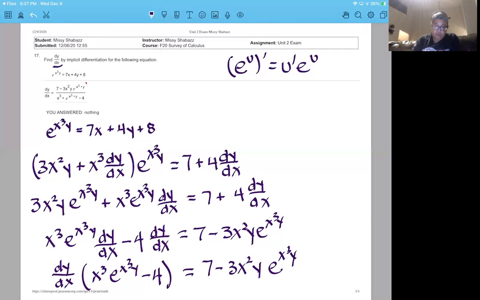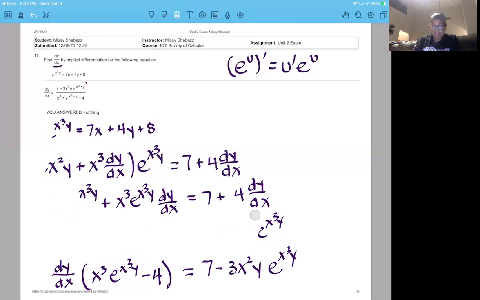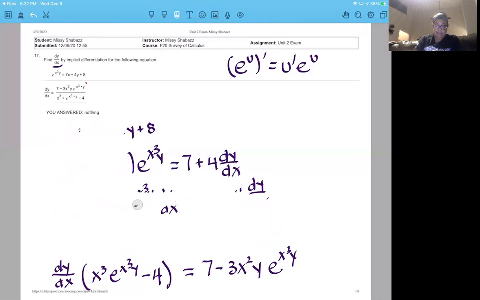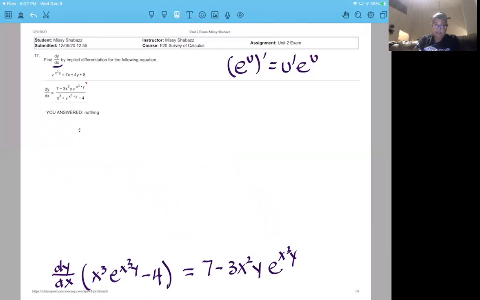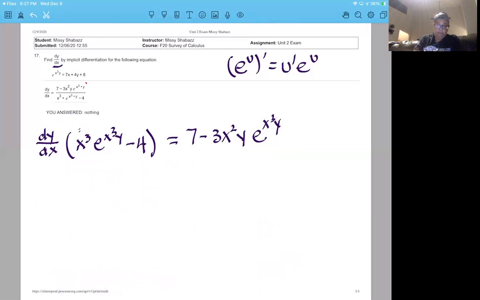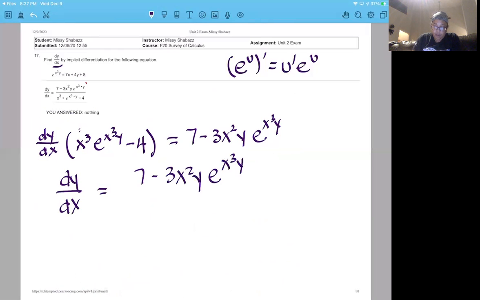And now we just need to divide to solve for dy/dx. So dy/dx is equal to 7 minus 3x squared y e to the x cubed y over x cubed e to the x cubed y minus 4. And that's it.